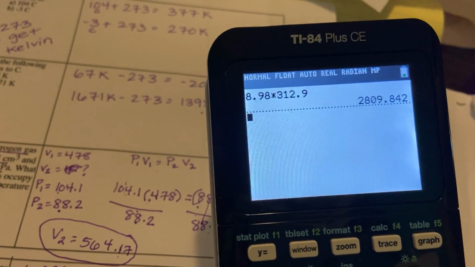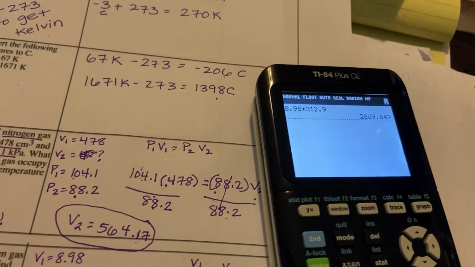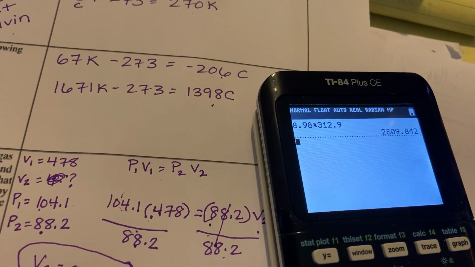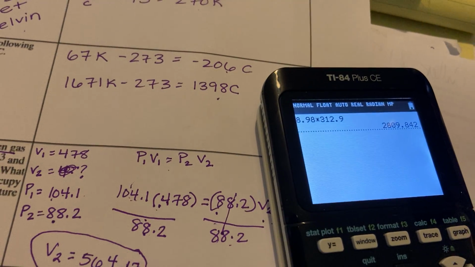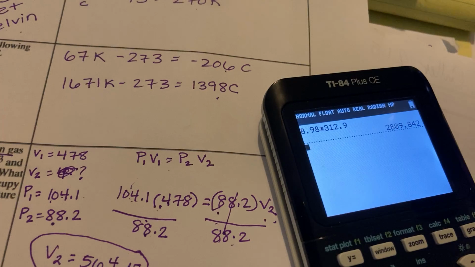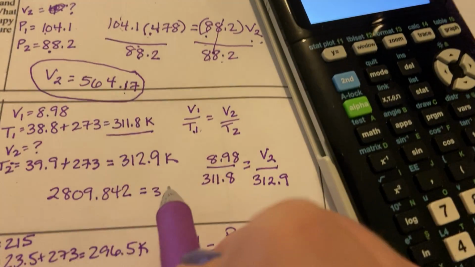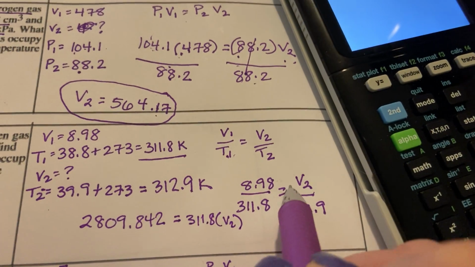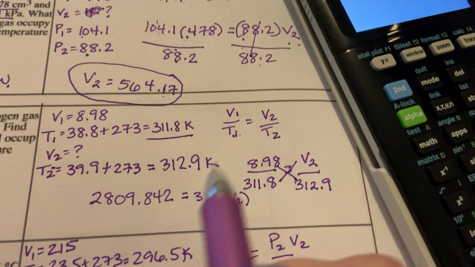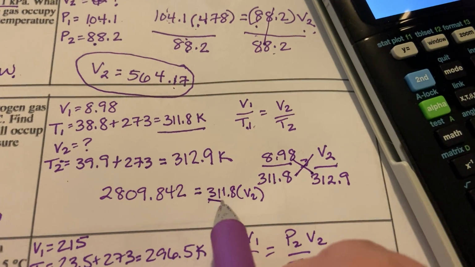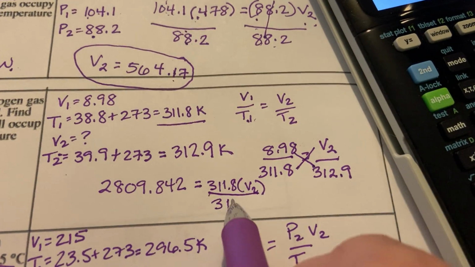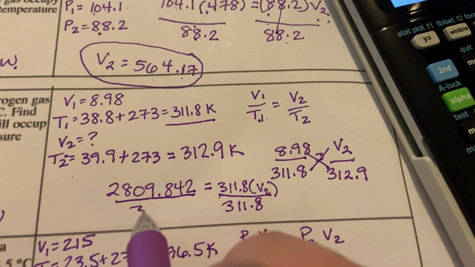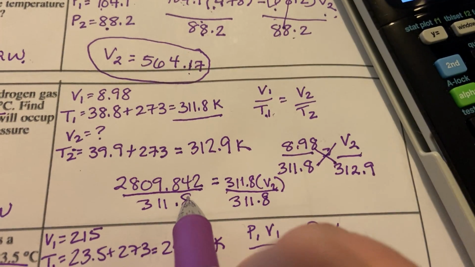Now I'm going to take that number and write it out. 2809.842. That equals 311 times V2 because I cross multiplied. So now I've got to get the V2 by itself, so I have to divide both sides by 311.8.